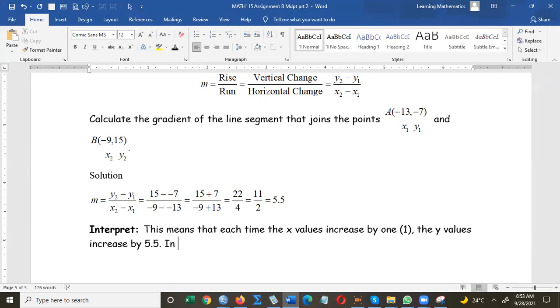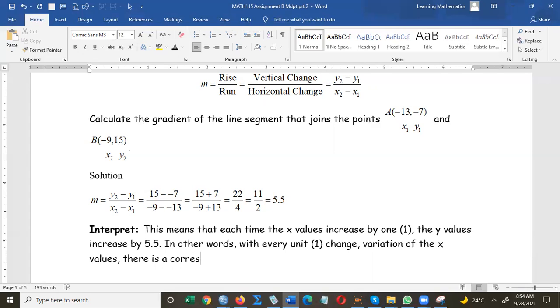So in other words, with every unit change, every unit variation of the x values, because unit means 1, there is a corresponding 5.5 variation in the y values.